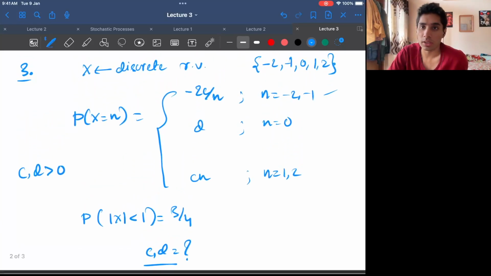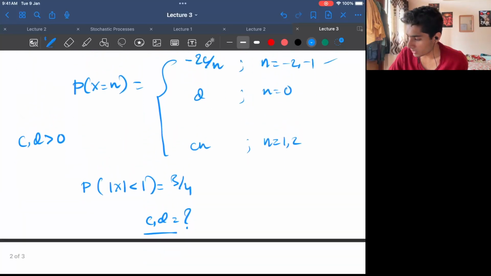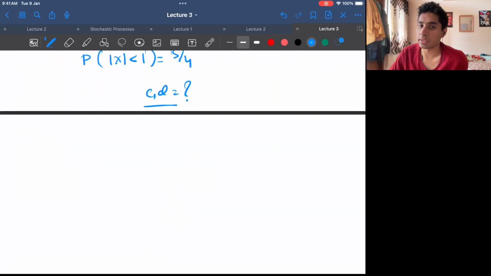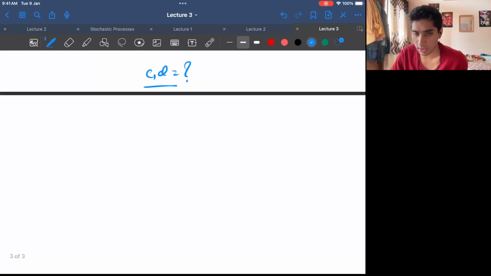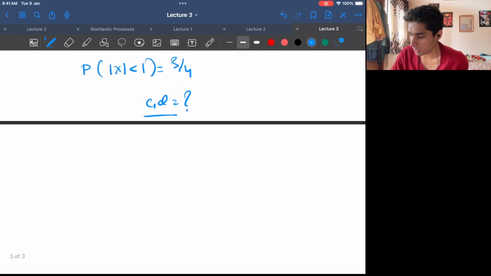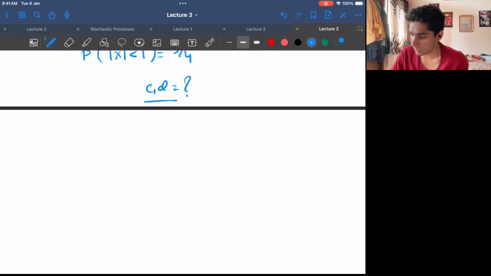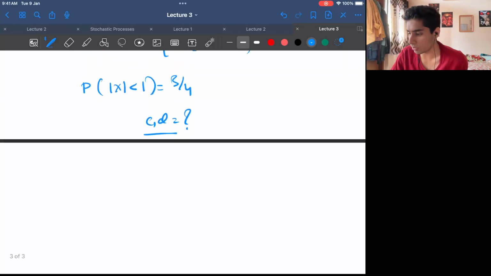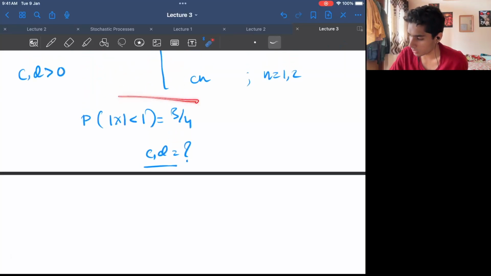This is the question. Any idea how you will start solving this question? Okay, again silence. So maybe I will just start. Whenever you are asked such type of question to find the value of some unknown scalars, you need to make use of some information that is given to you, which is this information.